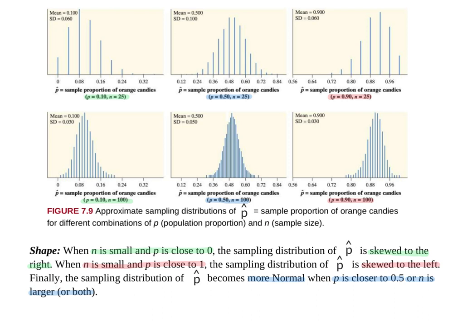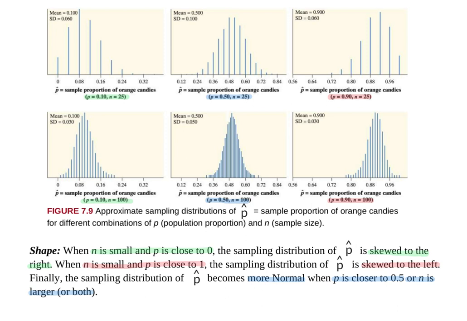All right, imagine for a moment that there is a large candy dispenser and it's got many different colored candies. Some are orange and brown and yellow. Does that say Reese's Pieces to you? Because it does to me. So imagine you've got a little candy dispenser with Reese's Pieces in there. These graphs that you're looking at are the approximate sampling distributions of our sample proportion of orange candies for different combinations of our p-value, that is our population proportion, and our sample size, or n.